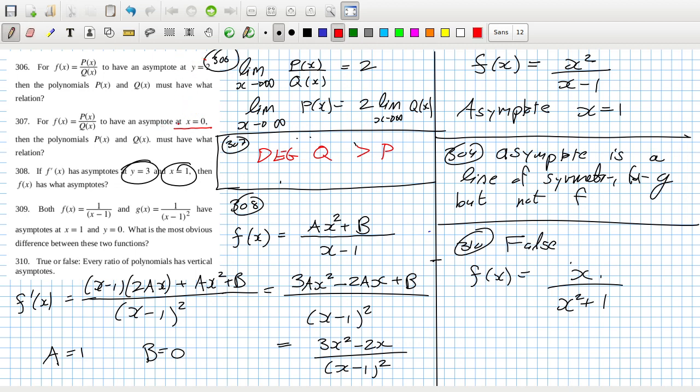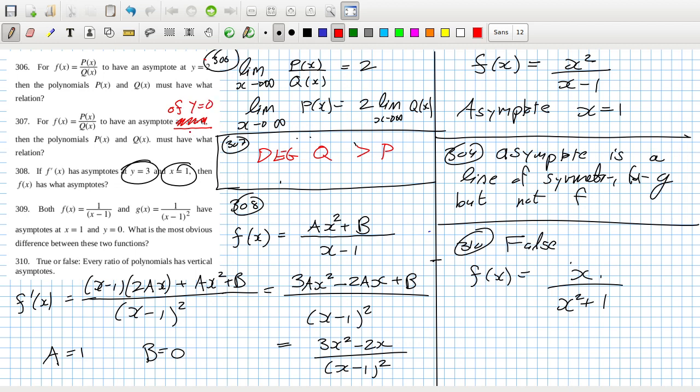So this is an asymptote at x equals 0. So what they mean is, I think they meant to say of y equals 0. I think that's what they meant.